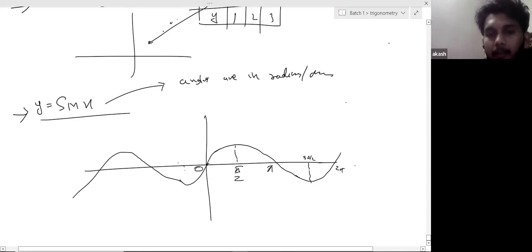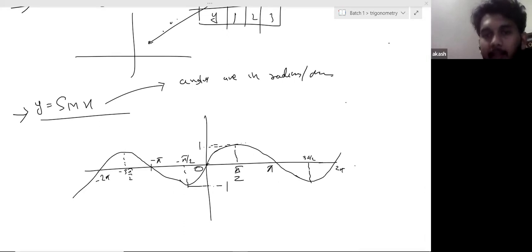Same here, this is minus pi by 2, minus pi, minus 3 pi by 2, minus 2 pi. The maximum value sine attains is 1. Minimum value is minus 1. Angles are in radians or degrees. Generally, we write in radians after class 11th.